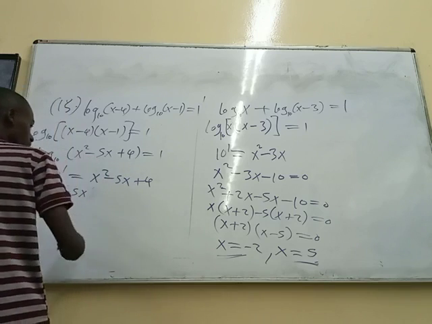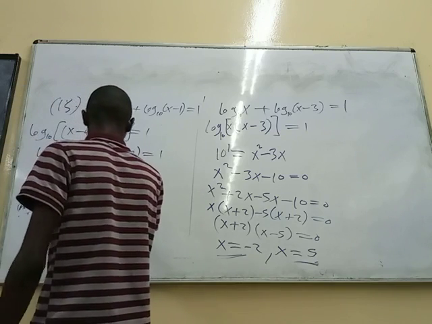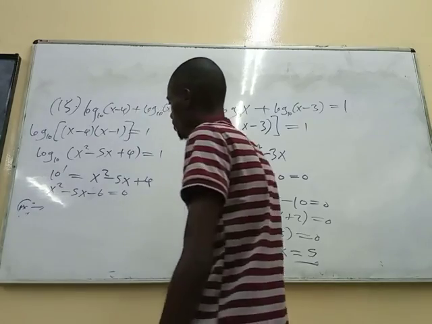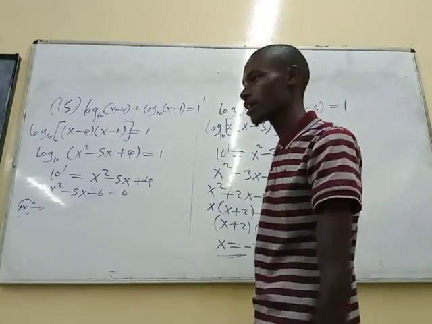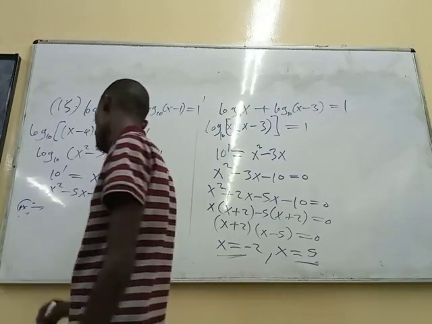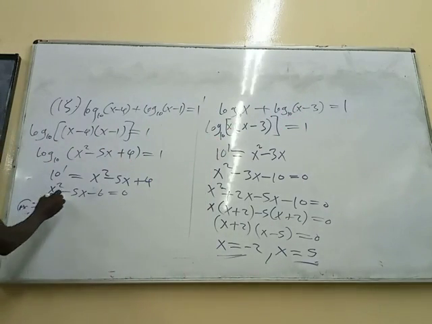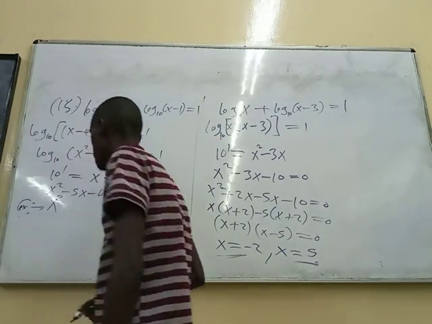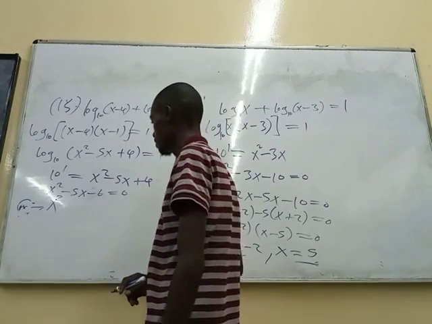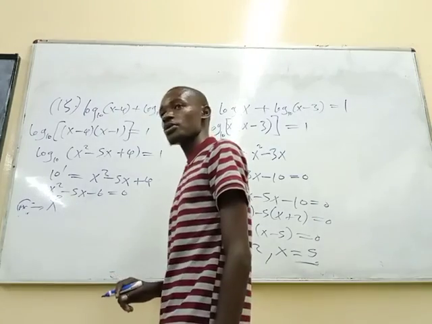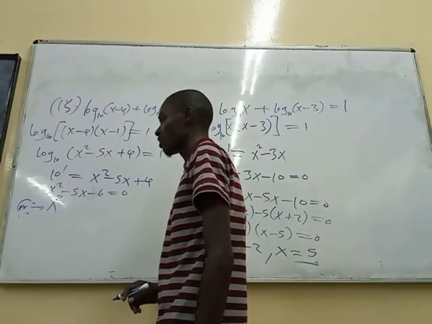So negative 10 and 4 we get negative 6 being equal to 0. So we factorize that. What are the factors? Is 2 and 3 going to work? No.